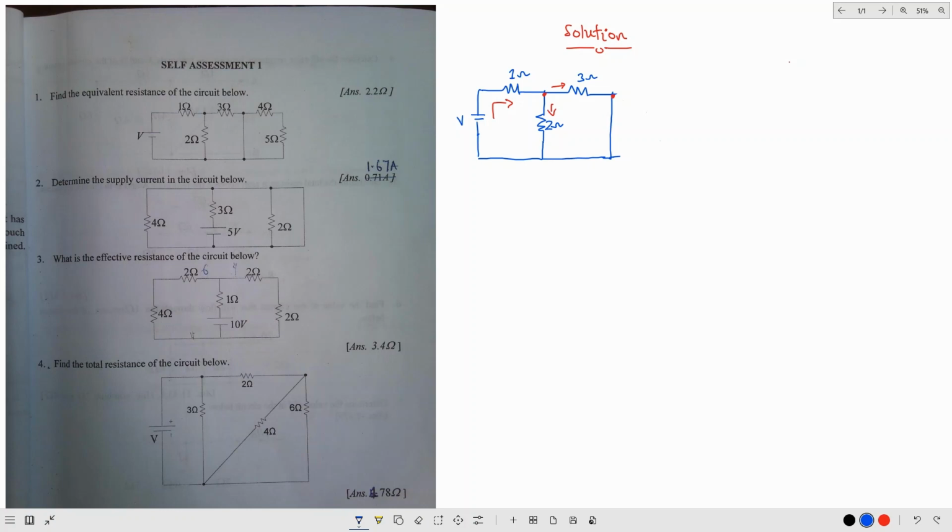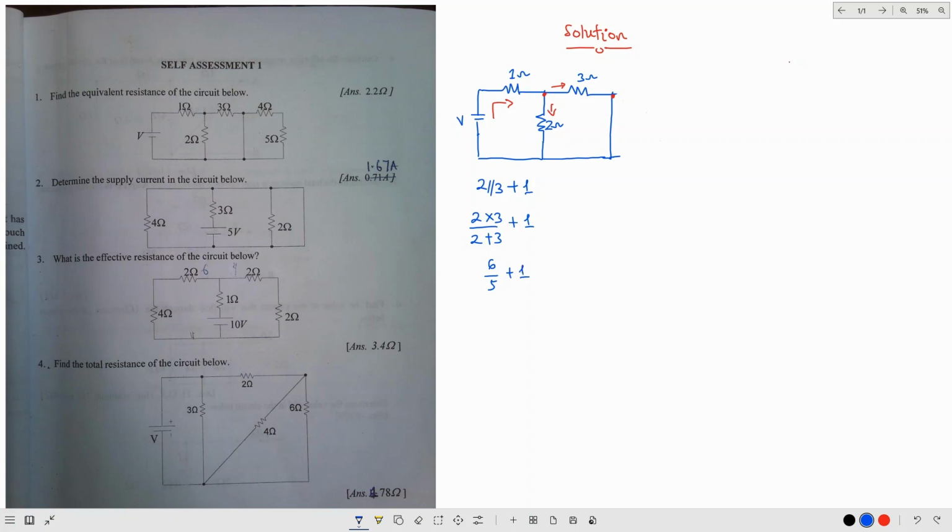So you see that the 2 ohms and the 3 ohms resistors are in parallel connection. So we're going to have 2 parallel 3, and then at the end they will be in series with the 1 ohm resistor. So we're going to have plus 1, right? So let's simplify this. We're going to have 2 times 3 divided by 2 plus 3, plus 1. 2 times 3 will give us 6, and 2 plus 3 will give us 5, plus 1.